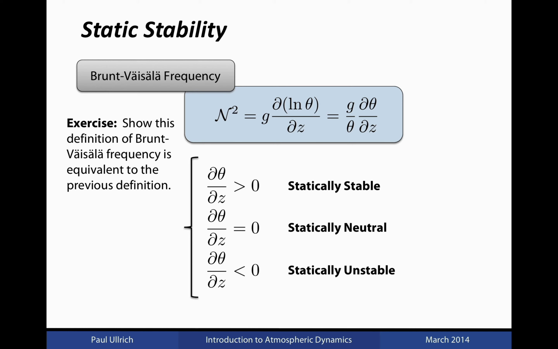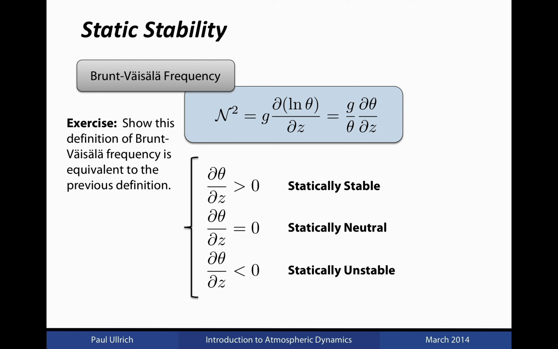So if that fluid parcel rises in a statically stable atmosphere, the potential temperature of the fluid parcel will then be less than that of the surrounding environment. Or equivalently, the temperature of that fluid parcel will be less than that of the surrounding environment because the pressure is consistent in each case.